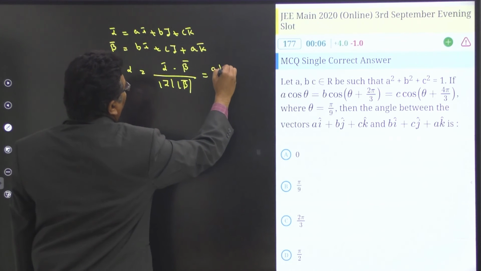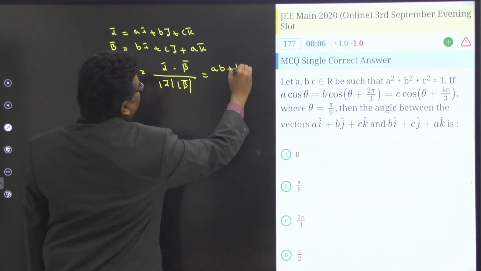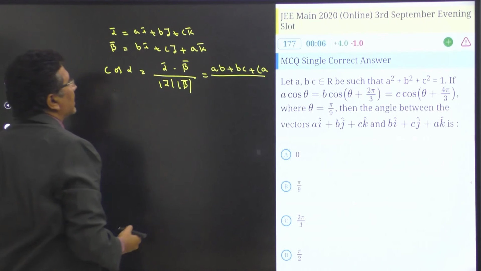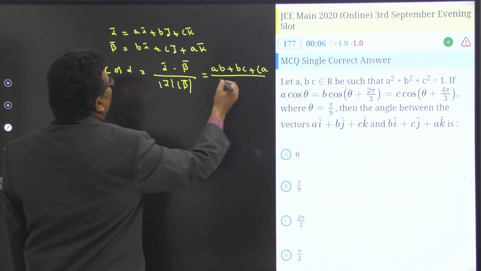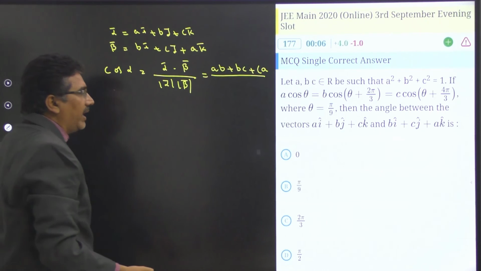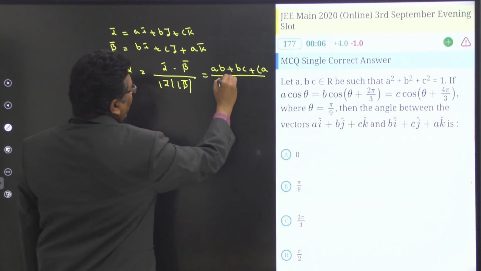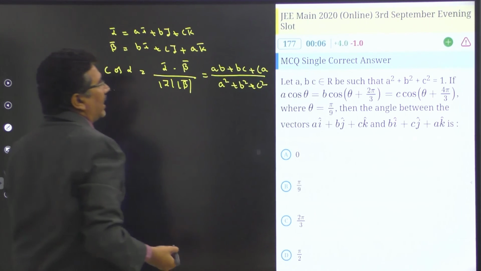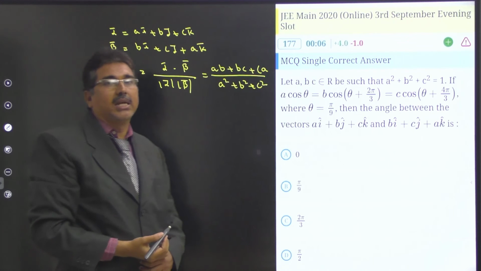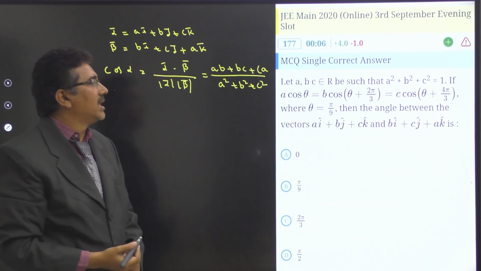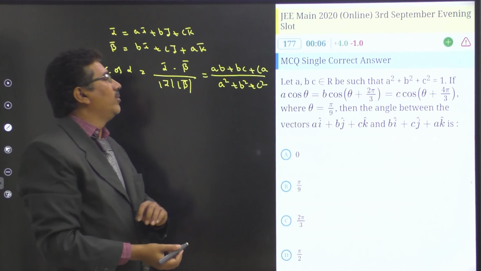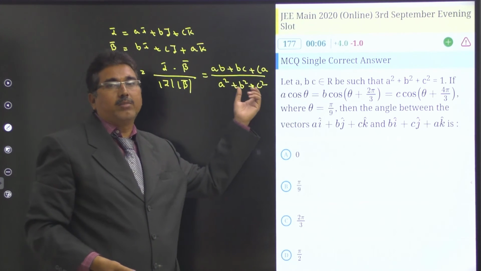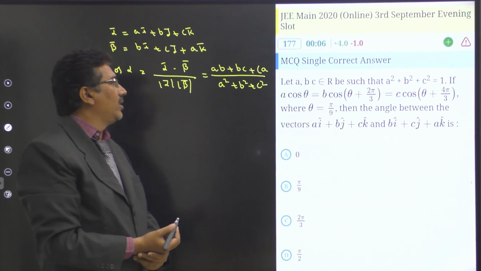That is equal to ab plus bc plus ca, divided by mod alpha bar into mod beta bar, that will be a square plus b square plus c square. From the given relations, we want to find ab plus bc plus ca. Given a square plus b square plus c square is equal to 1.